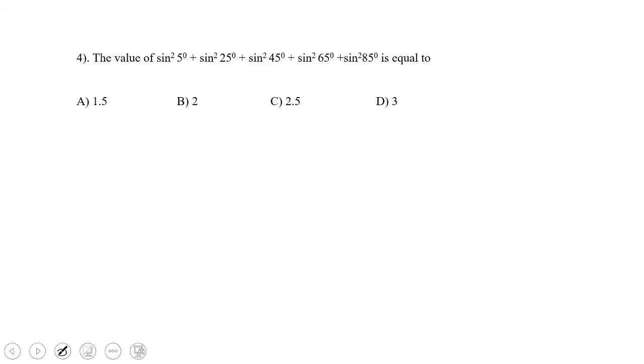Now see the fourth question. The value of sine square 5 degrees plus sine square 25 degrees plus sine square 45 degrees plus sine square 65 degrees plus sine square 85 degrees is equal to. Now convert some sine squares into the form of cos squares.